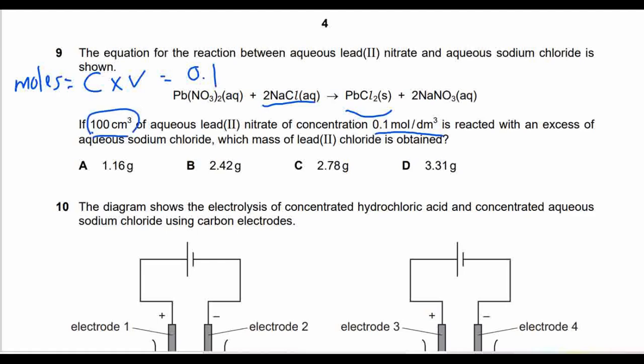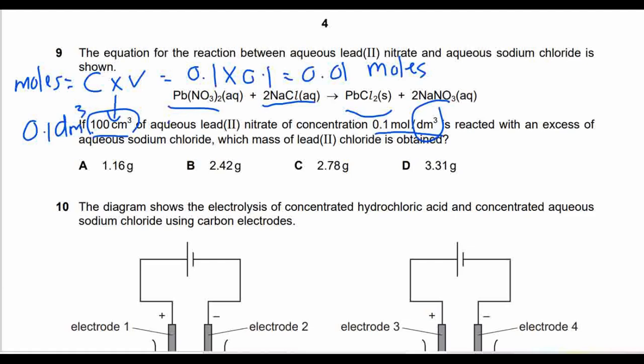So we have to really check: the concentration is in dm³ and the volume is in cm³. We have to convert this into dm³ by dividing by 1000. So the volume will be 0.1 dm³. So 0.1 times 0.1 is 0.01 moles of lead nitrate.